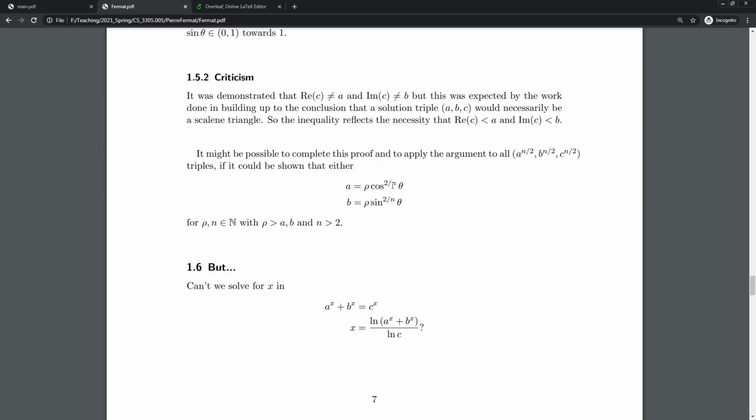And so if you can show independently that for n greater than 2, one of these is guaranteed to be irrational, then you have that either A or B is irrational, or that n itself was irrational. And so the idea with Fermat is that one of them's got to give.